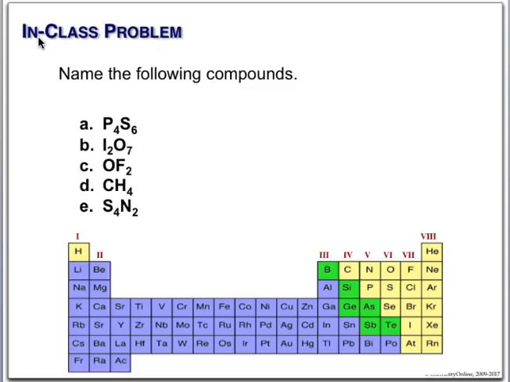We have 4 phosphorus atoms. So that's going to be a tetraphosphorus, isn't it? We have 6 sulfurs, so that's a hexasulfide. We have 2 iodines, so it's a diiodine.